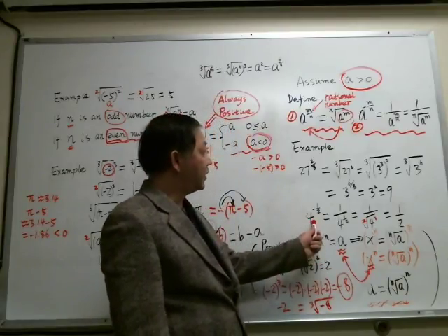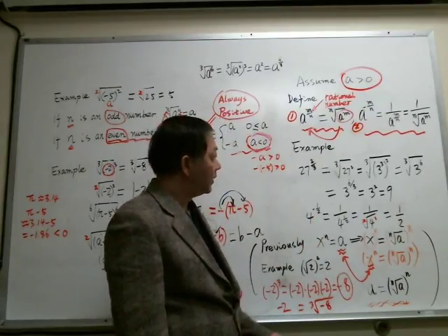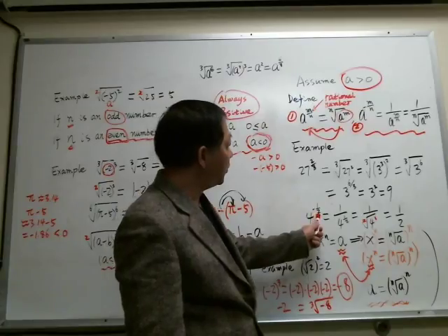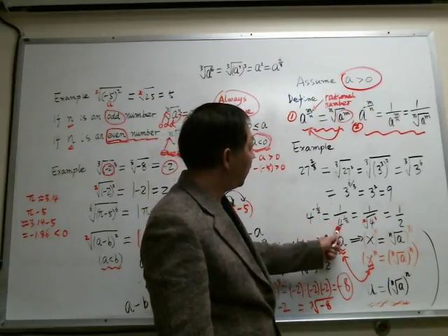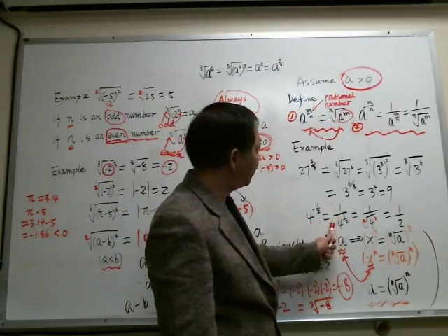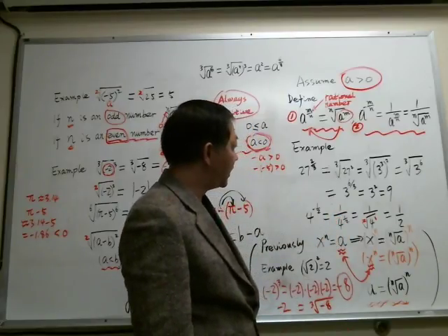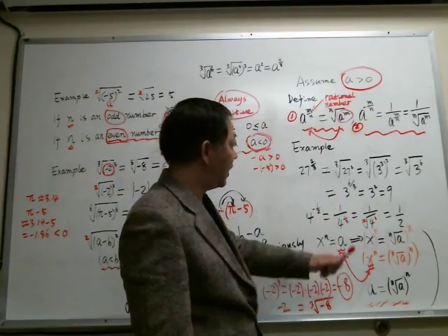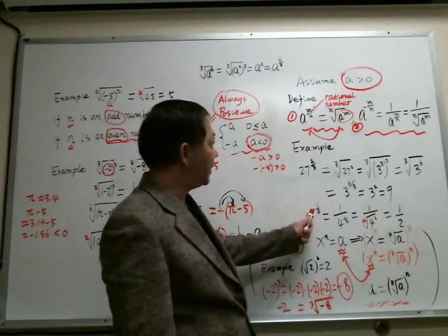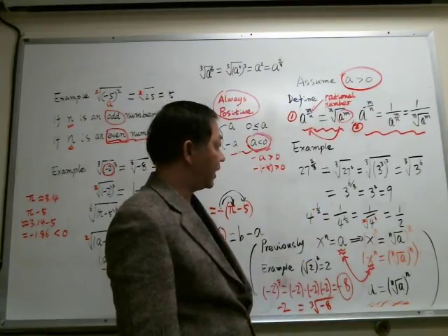Now, this one is similar. It's negative, so you put 4 to the 1/2 down on the denominator, and upstairs is just 1. This is the way to eliminate the negative sign.